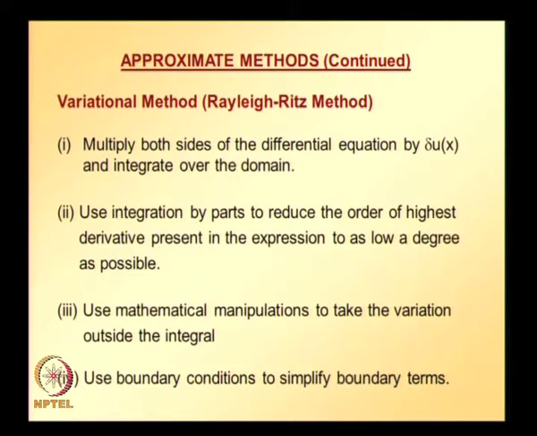By applying that condition, we are going to get as many equations as unknowns present, so that we can solve those equations and determine the unknowns. So, that is how the variational method procedure goes. These are the steps involved in the variational method.